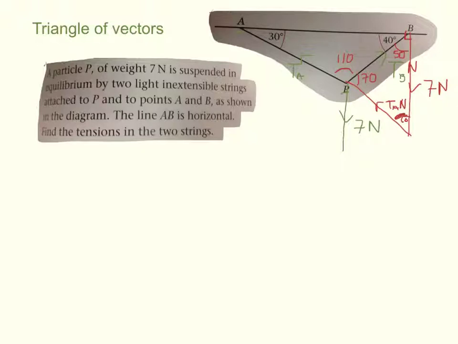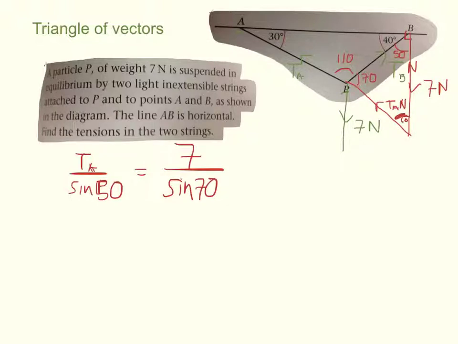So first let's find TA. So we can say that TA over sine 50 equals 7 over sine 70. That's because our TA, which is this side here, is opposite this angle, 50, and our 7, this one here, is opposite this angle, 70.